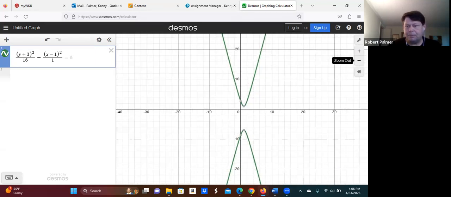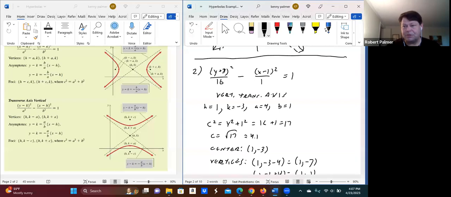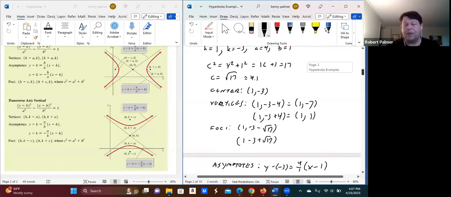Okay. Oh, there it is. That's what it looks like. Good. It looks like we have our vertices where they should be, 1, 1, and 1, negative 7. Let's double check that and make sure those are correct. So we said 1, 1, and 1, negative 7. Once again, after we changed it, we had 1, 1, and 1, negative 7. Good. We have that.